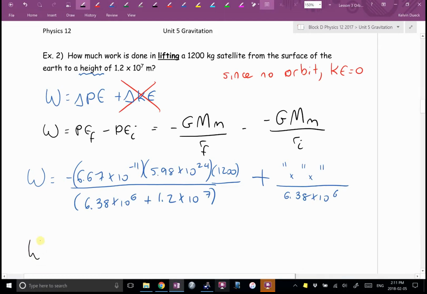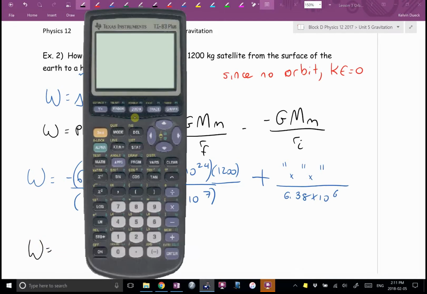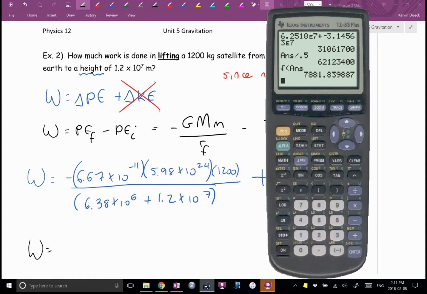Alrighty. We get out our calculator. We type very carefully. Negative 6.67, scientific notation button, negative 11, times 5.98 scientific notation button 24 times 1200 divided by, more than one thing, bracket, 6.38, scientific notation button 6, plus 1.2, scientific notation button 7.